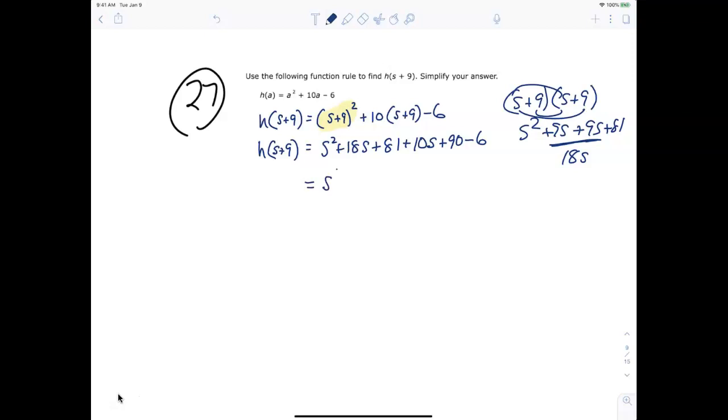So s squared, 18 plus 10, 28s, 81 plus 90 is 171, minus 6 would be plus 165. So again, h of s plus 9. And believe it or not, this is what you're going to be doing a lot in Algebra 2 and pre-calculus. A lot of good information today.